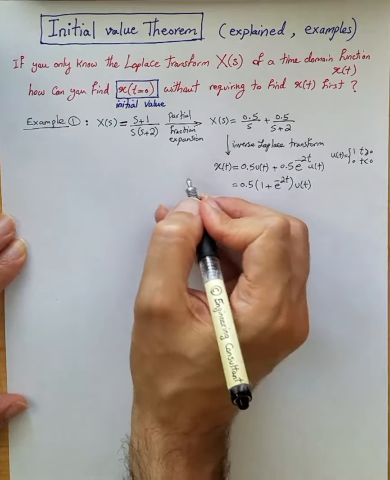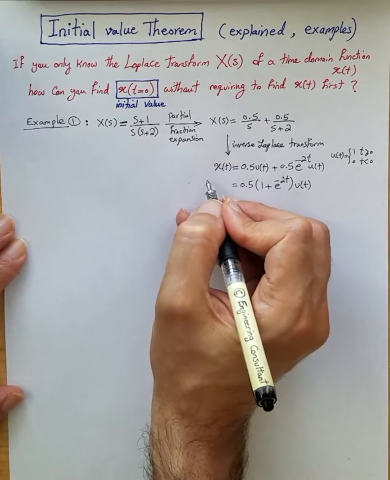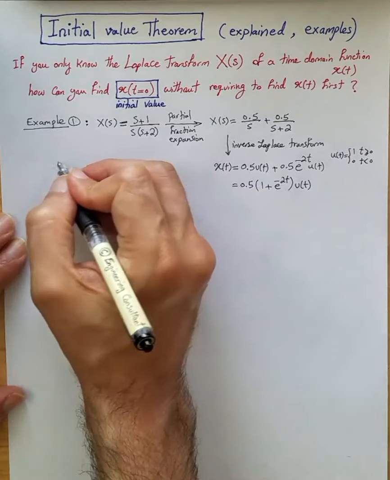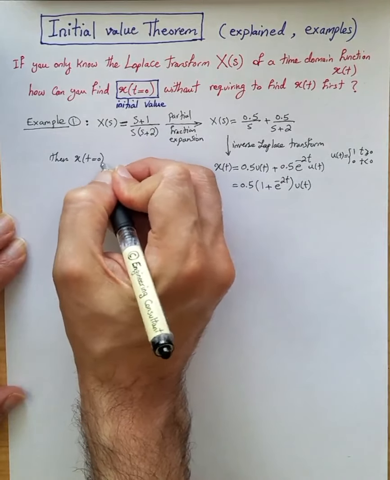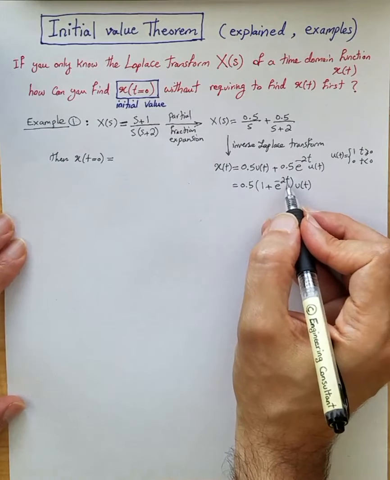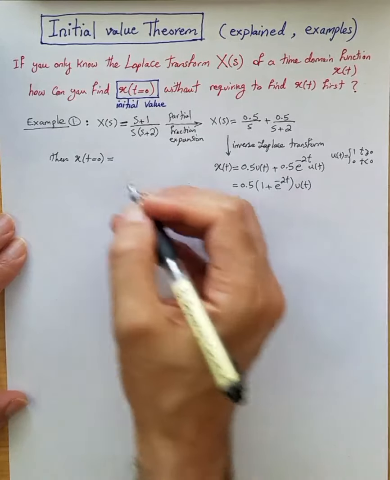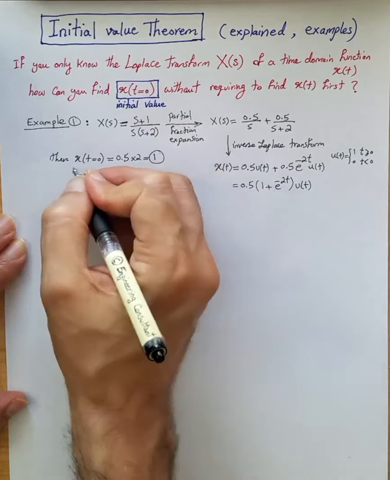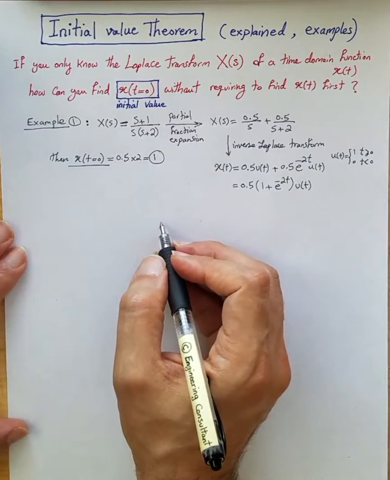With this function, x(t) at t equal to 0, which is the initial value, is simply obtained by substituting 0 here. e to the 0 becomes 1, then 1 plus 1 is 2, and 2 times 0.5 is 1. In this case we are lucky because it's a very simple example.